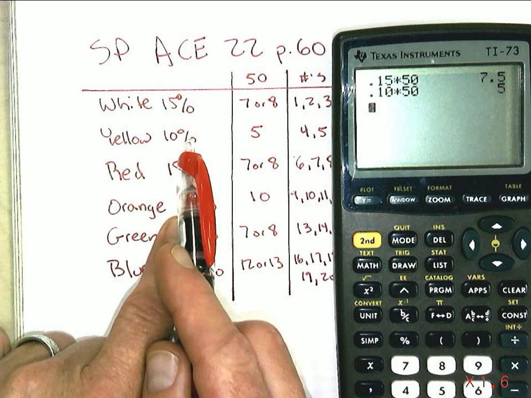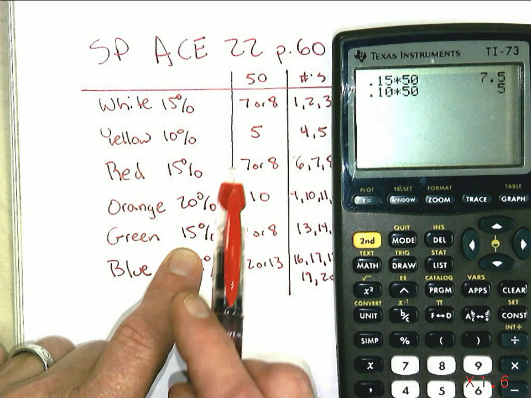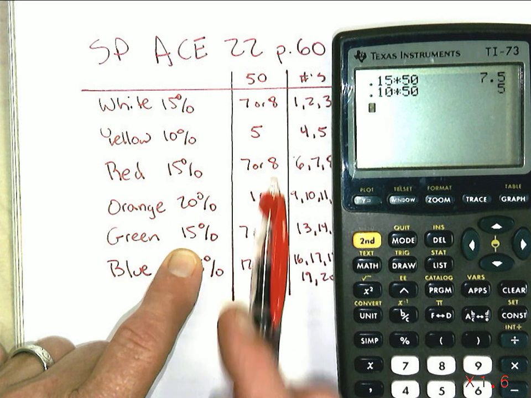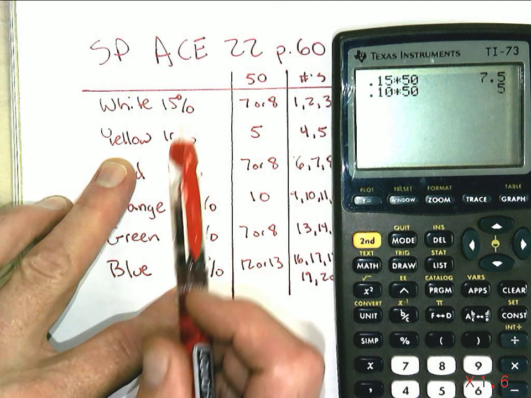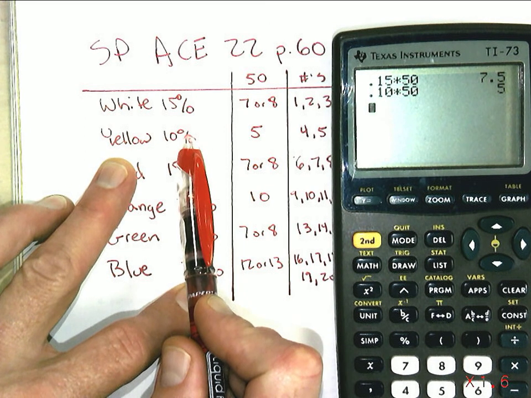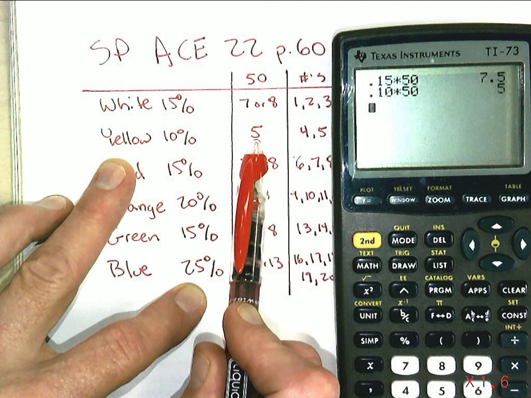20% is twice as much as 10%, so that's 10 instead of 5. That would be orange. 15% we already have done, 7 or 8. And the last one, 25%, which is 15% plus 10%, so 7 and 5 is 12, or 8 and 5 is 13.